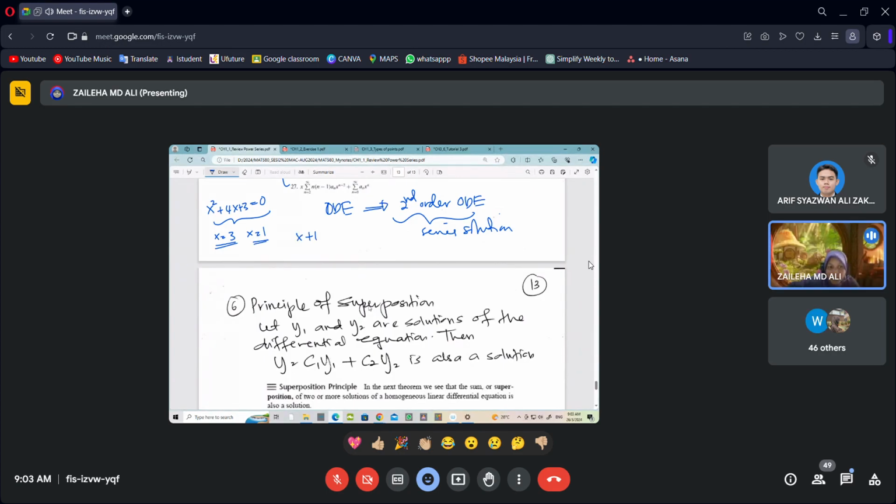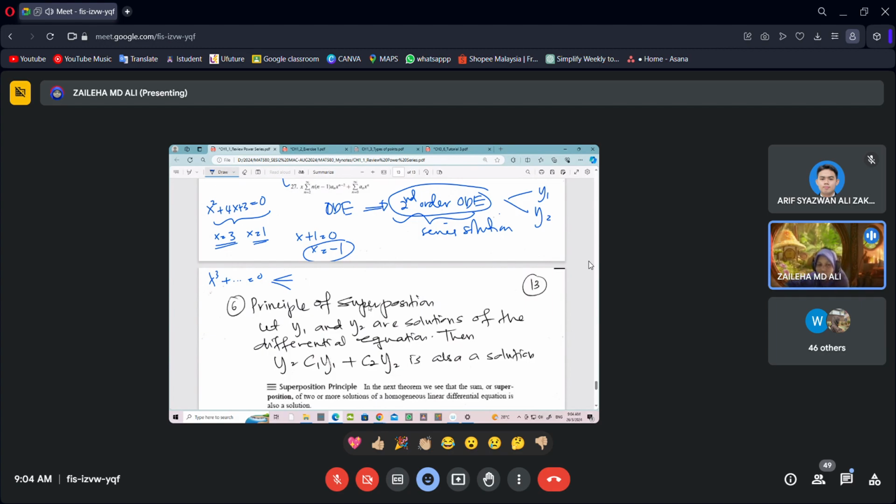Whenever you have linear, the answer must be 1 root. If quadratic has 2, cubic must have 3. If you have x to the power 3 equals zero, then you have 3 roots. It's the same for ODE. Whenever you have first order, there is only one single solution. But whenever you have second order, it must have 2, y1 and y2 as the solution.